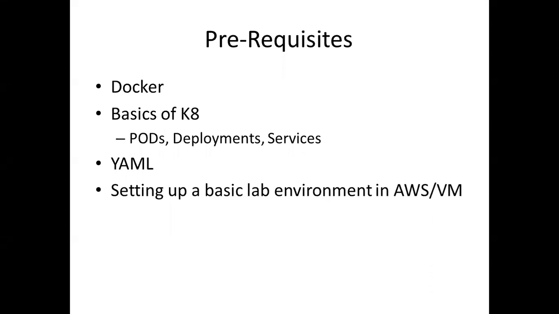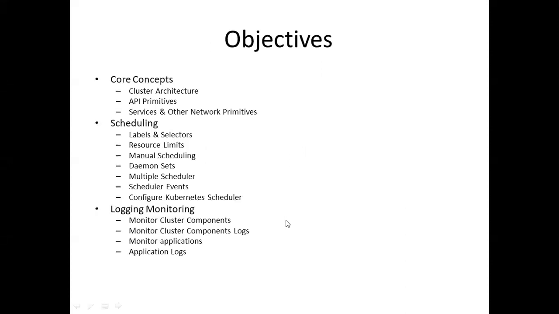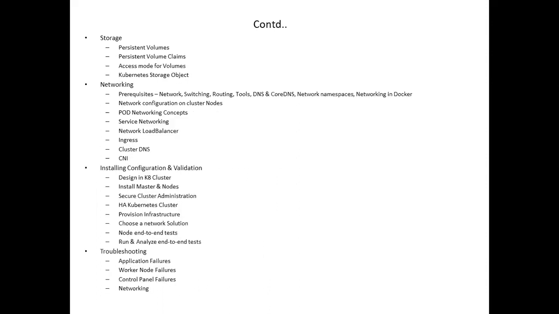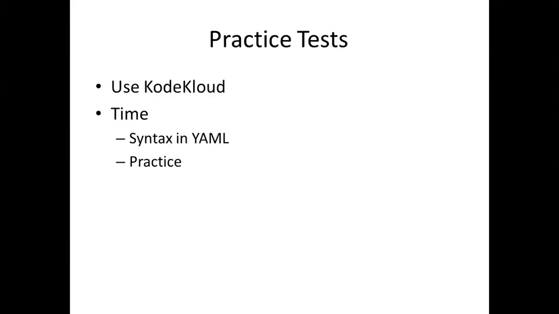The basics of Kubernetes are required as a prerequisite, YAML as a basic language, and setting up a basic lab environment. The objectives are core concepts, scheduling, logging, monitoring, application lifecycle management, cluster maintenance, security, storage, persistence, networking, installing and validation, and troubleshooting.